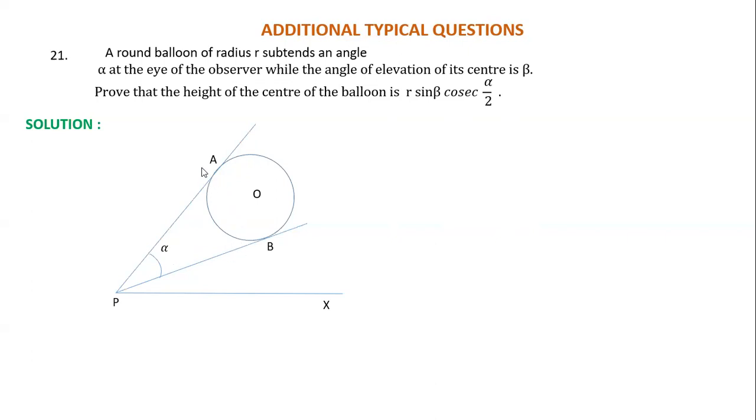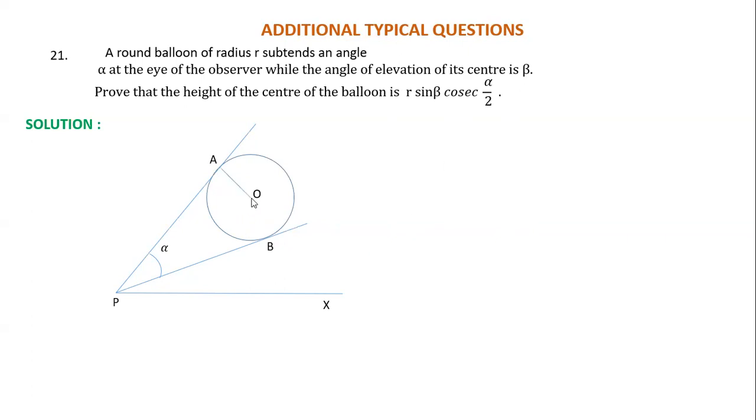So the angle subtended at the eye of the observer is alpha. A round balloon of radius r subtends an angle alpha at the observer's eye. He looks at this top and this top, and the angle he measures is alpha. While the angle of elevation of the center, now he has to look.